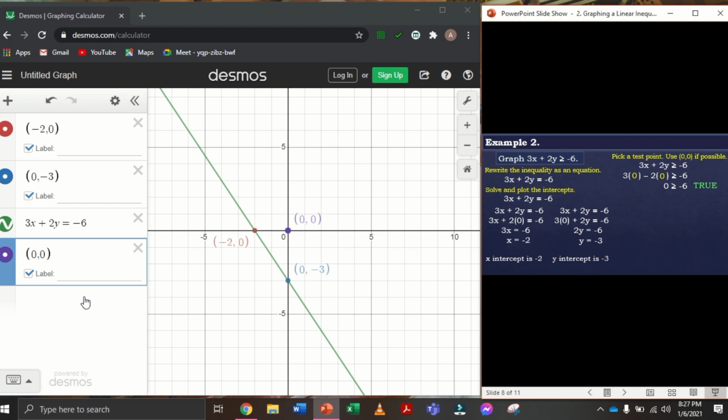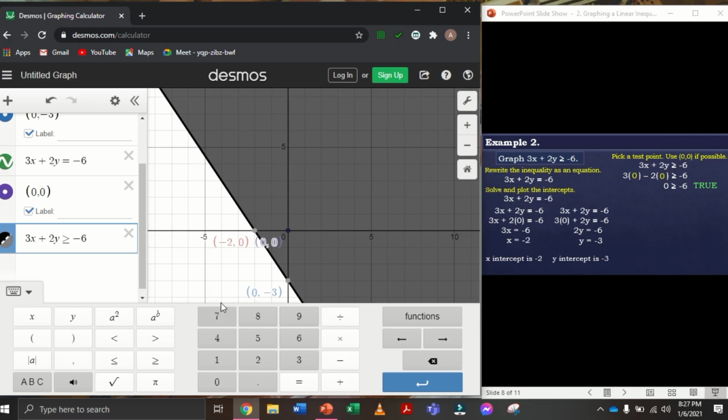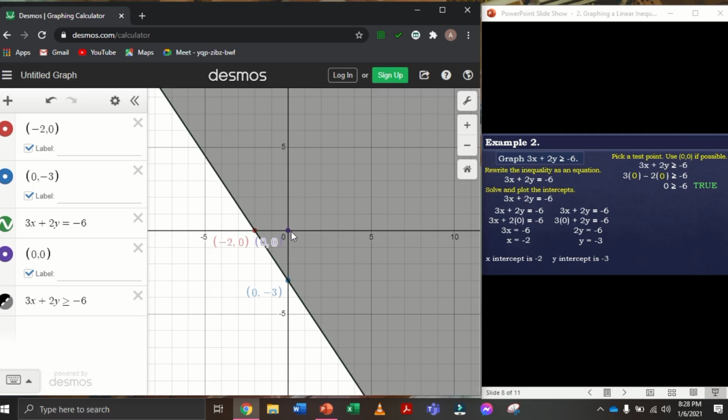So, let's see. Tingnan natin. Ang inequality natin ay 3x plus 2y is greater than or equal to negative 6. Pag nag-graph na tayo ng inequality, after mo mag-pick ng test point, ang i-graph mo na ay yung inequality. So, ayan po. Kung mapapansin nyo, ito yung test point natin, nauusog yung label.